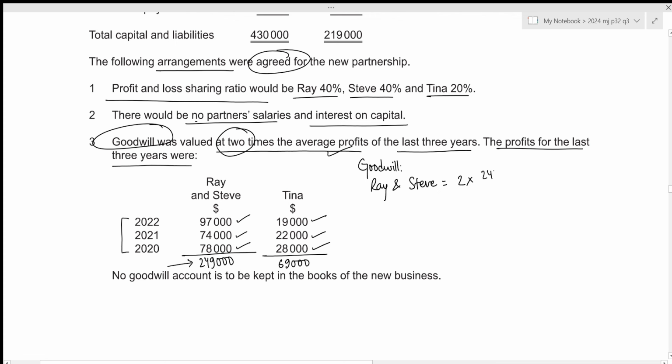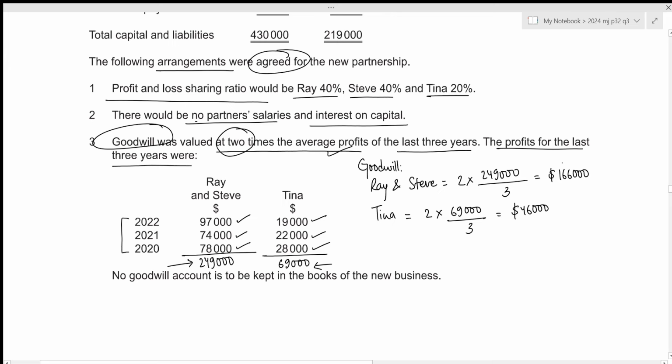So 249,000 divided by 3, which results in the value of 166,000. Then for Tina's business, it will be 2 times the total profit of 69,000 divided by 3. And this results in the goodwill value of 46,000.